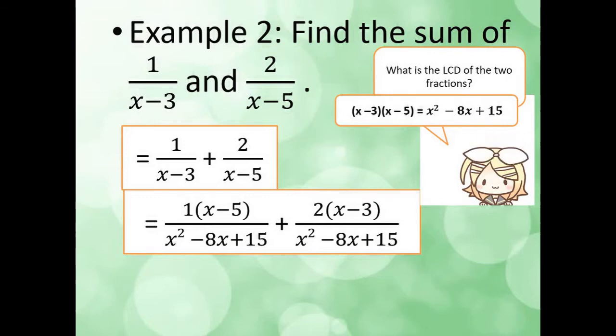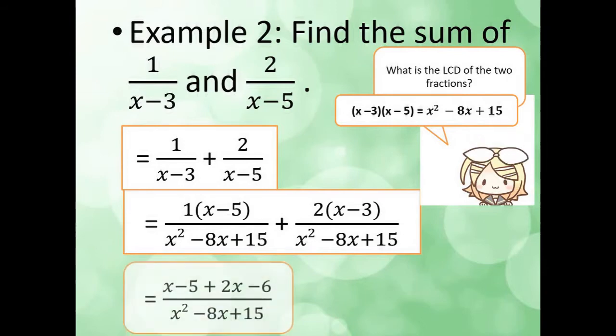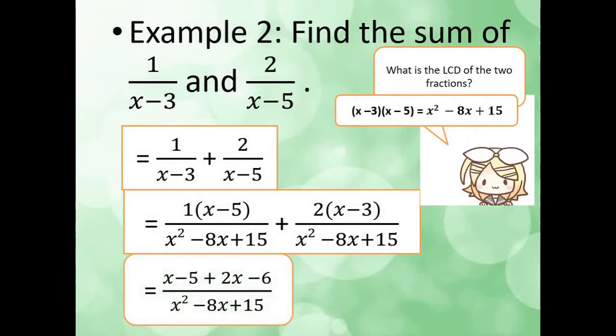That results in 1 times (x - 5) all over x squared minus 8x plus 15, plus 2 times (x - 3) over x squared minus 8x plus 15. So that results in (x - 5) plus (2x - 6) all over x squared minus 8x plus 15.